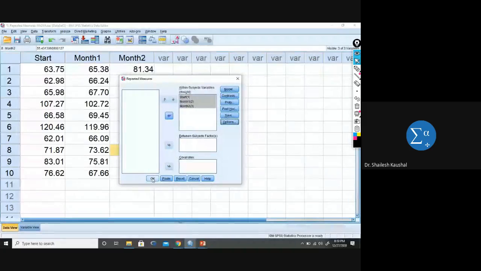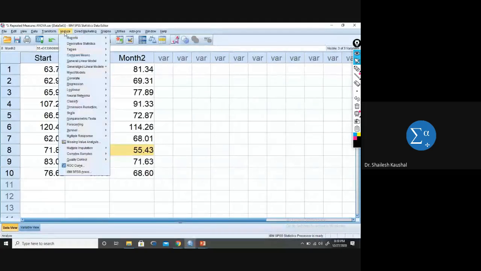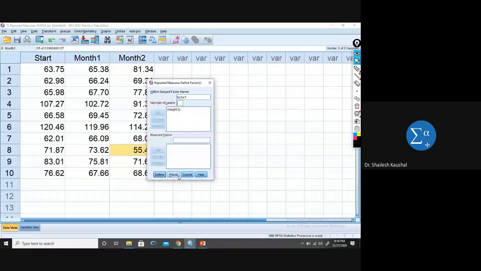And then okay. I'm repeating again how to perform repeated measures ANOVA. Analyze, general linear model, repeated measures. Then I am writing here weight, and how many levels? 3.